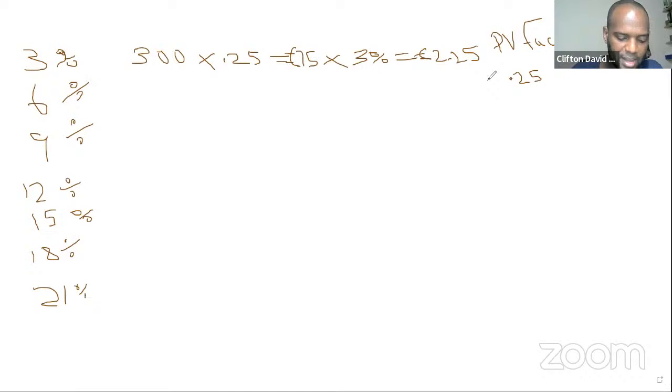So 2.25 times 7.5 equals $16.87 TT. So if you have done 300 points personally and achieved the 3% level, you would have earned yourself 2.25 euros. If we convert it into TT, that is 16.87 TT dollars at the rate of 7.5.